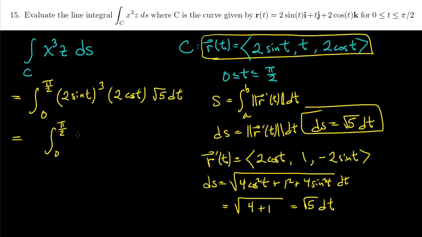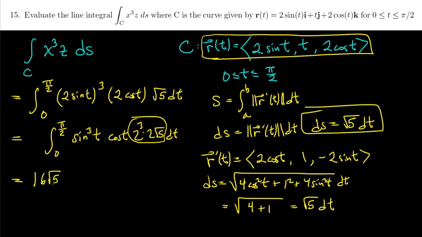We're integrating sine cubed of t times cosine of t, and I know I'm missing a number of factors here. We have 2 cubed times 2 times square root of 5, but this is all just a constant. It can come outside. So 8 times 2 is 16. We have 16 square root of 5, and then we're integrating sine cubed t cosine t dt.